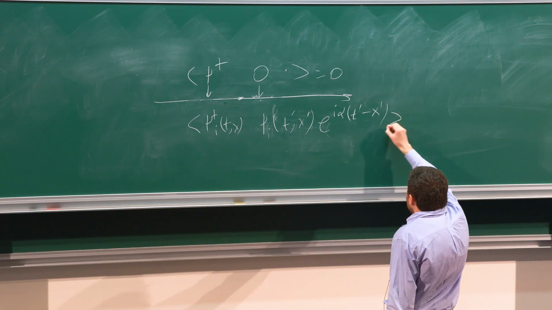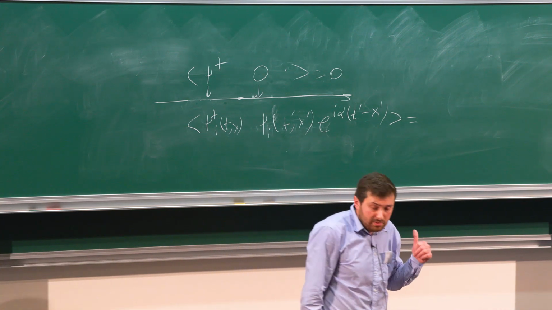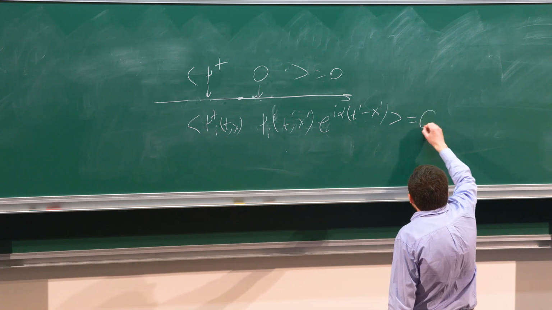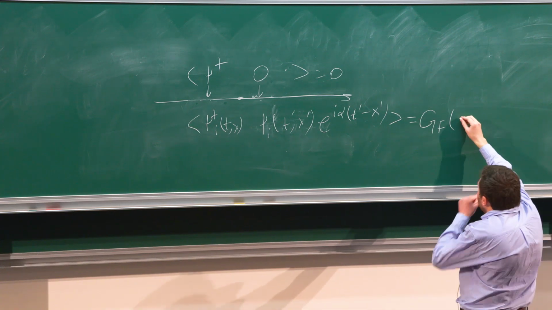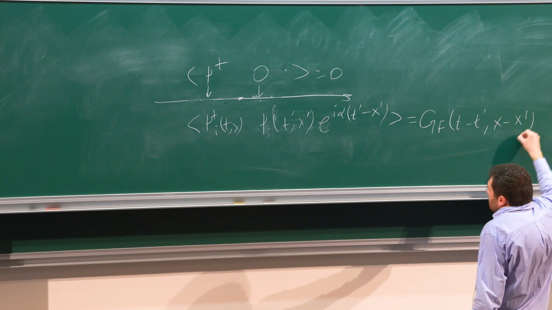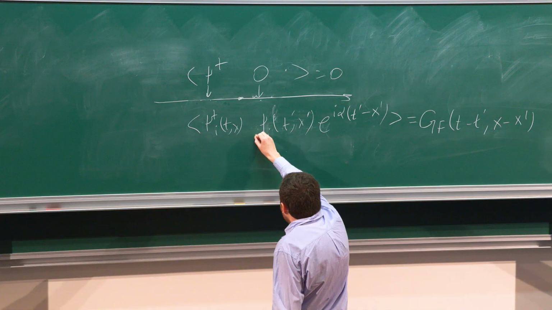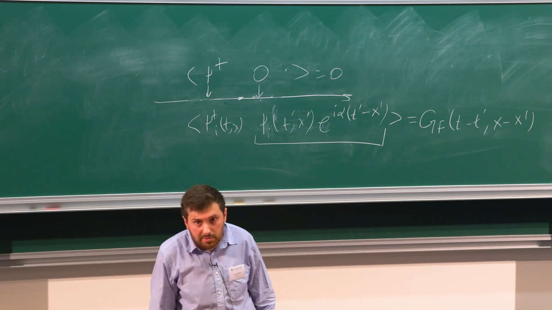In this case, you can show that this correlation function is not only non-zero, but it saturates unitarity. Meaning that if you calculate this, you will get nothing more than the propagator for a free Weyl fermion. So whatever it is, when one particle scatters on the monopole, what you get back is something that is created by this non-local composite operator with 100% probability.